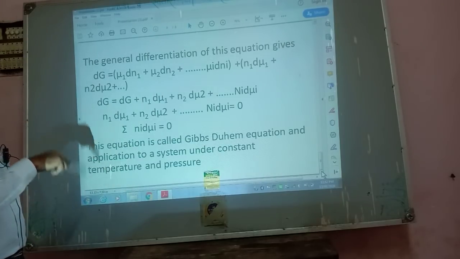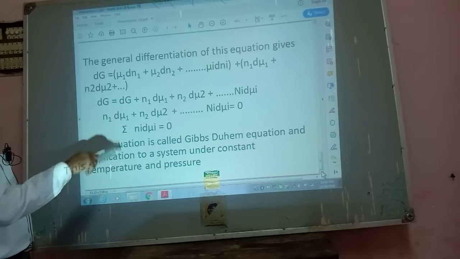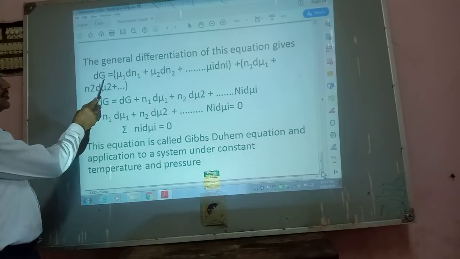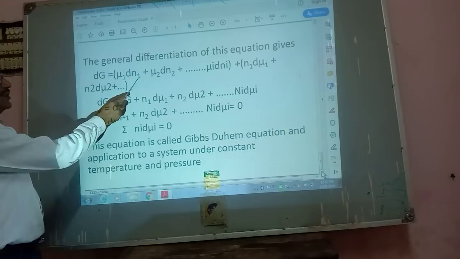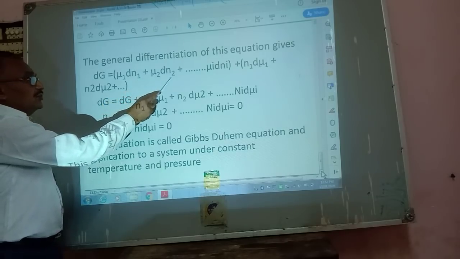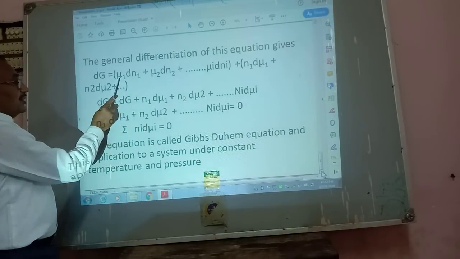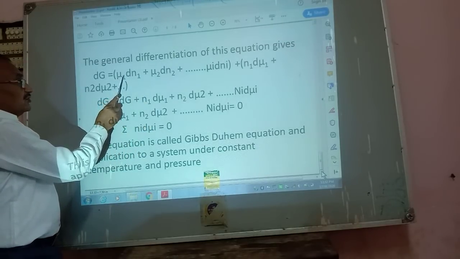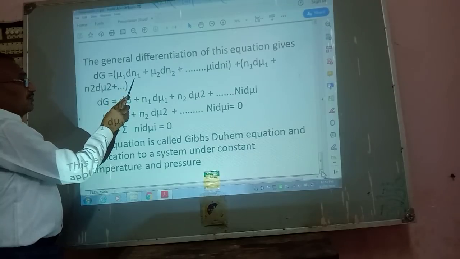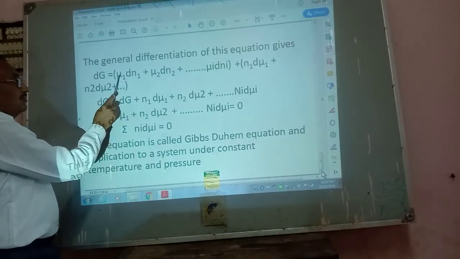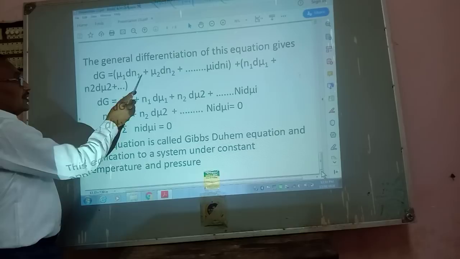Now we differentiate this equation. On differentiating, we get dG is equal to mu1 into dn1, mu2 into dn2, mu_i into dn_i, because here we maintain mu1 as constant and differentiate with respect to n1, so this term comes out to be mu1 into dn1.